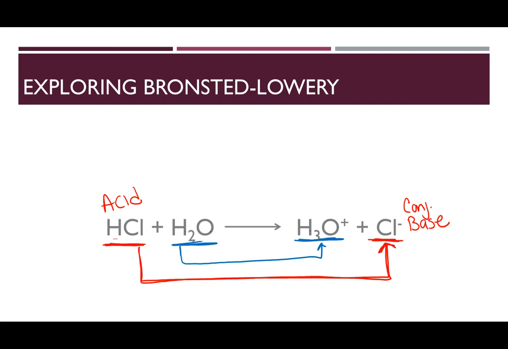And here we see that water is acting as a base on the reactant side, and it is also connected to its conjugate, but this conjugate is going to be the conjugate acid. So things always appear in acid-base pairs: acid, conjugate base; base, conjugate acid.